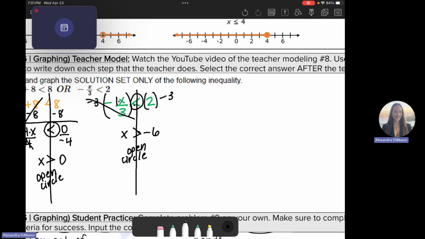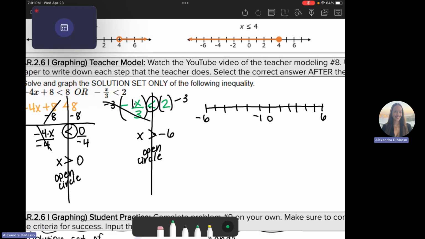Okay, so if I'm looking at this one over here, the first problem that we did in orange, x is greater than 0. That means any number at 0 that is bigger than that will be part of that solution. So at 0, I make an open circle, if my pen would work. And then this is any number greater than, so I go to the right. So there's my first part.